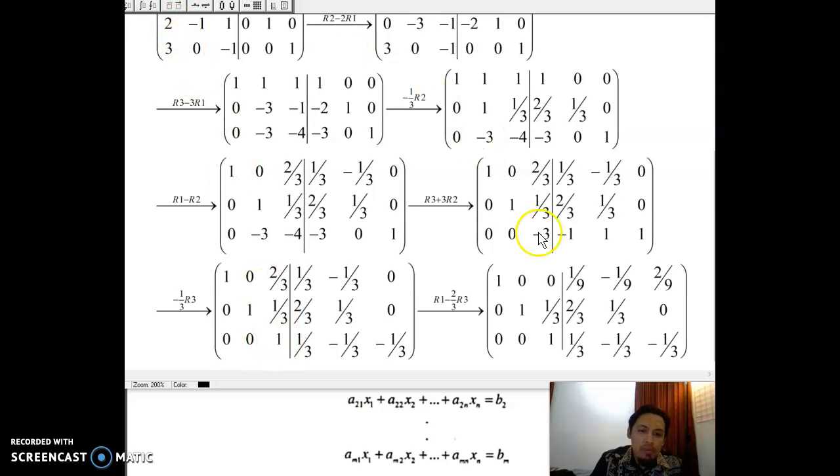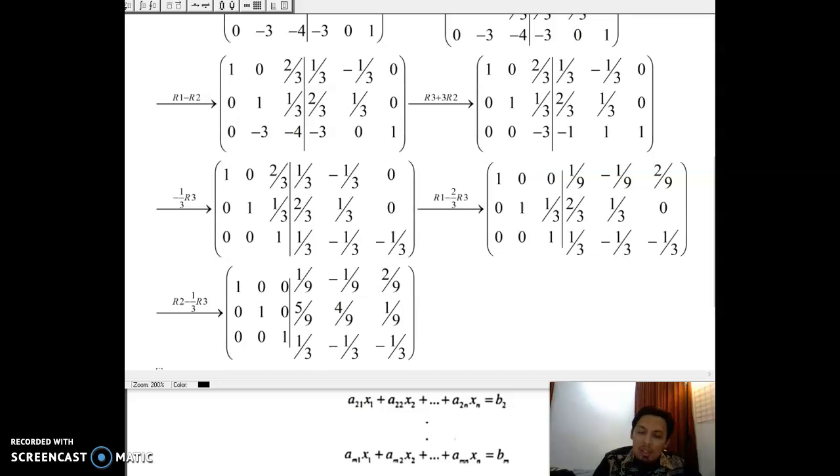There you have it. Just one more to go. 1 over 3, let's make it 0 by subtracting another 1 over 3, so R2 minus 1 over 3 R3. That is it, which is the inverse of this matrix.